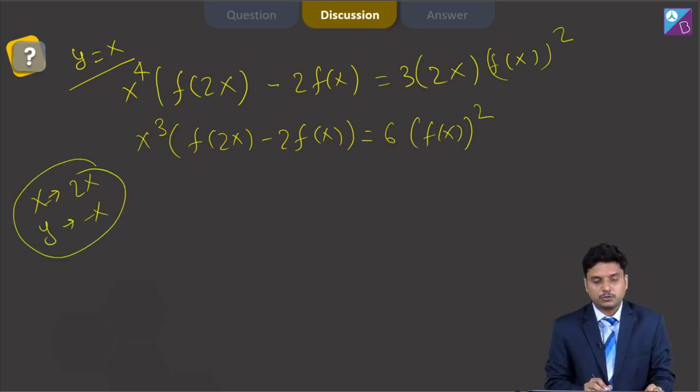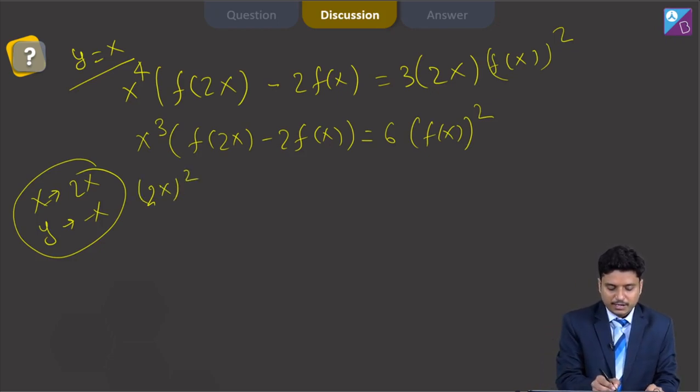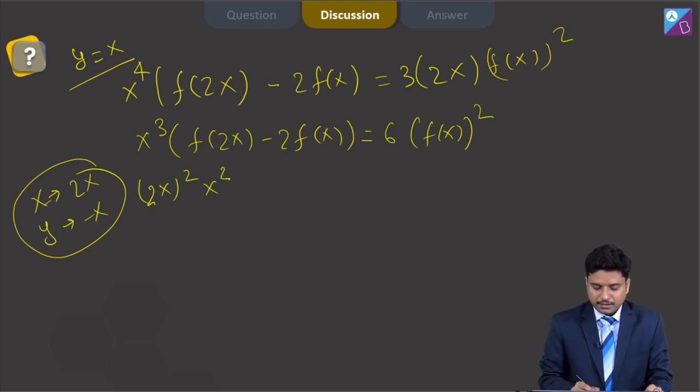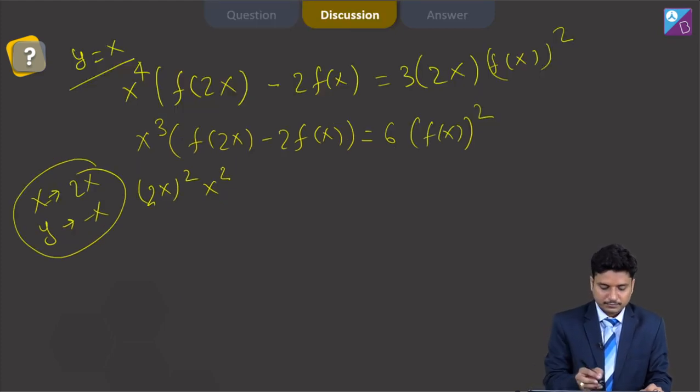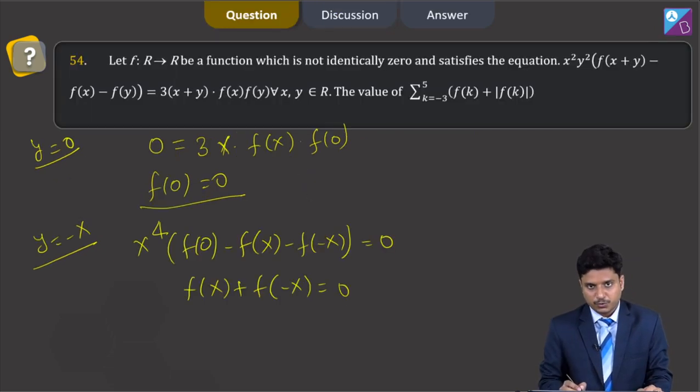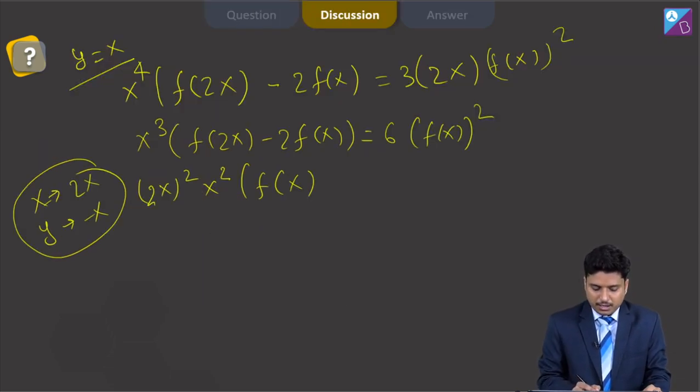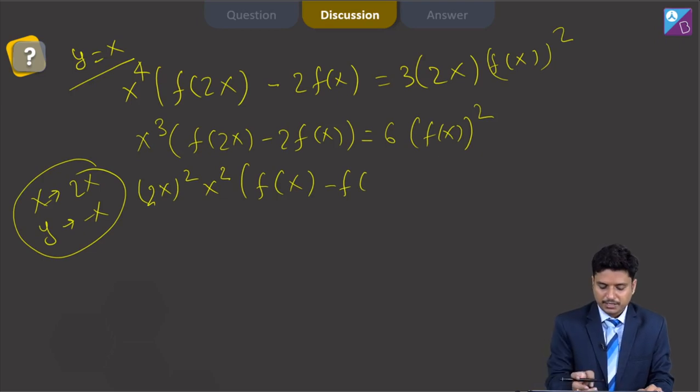This substitution will do. So x square is in fact 4x square into x square will be there. In place of y we are putting minus x, and here we will have f of x, because x is 2x and y is minus x, minus f of 2x.